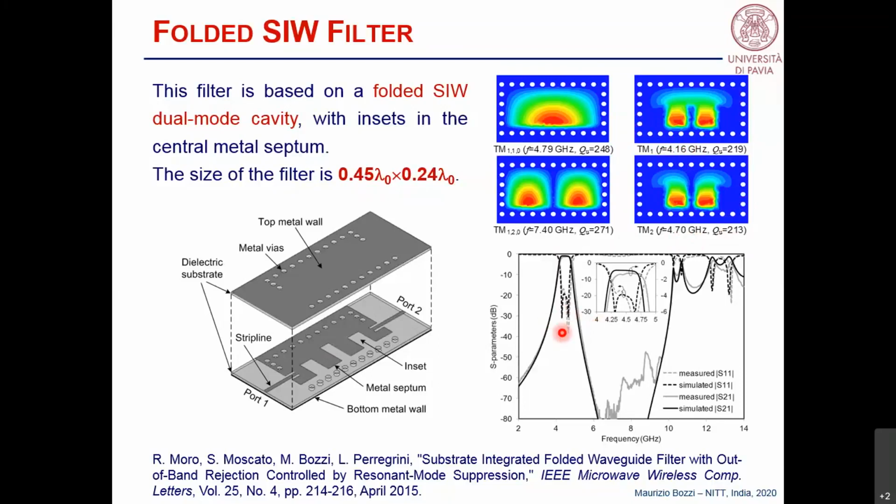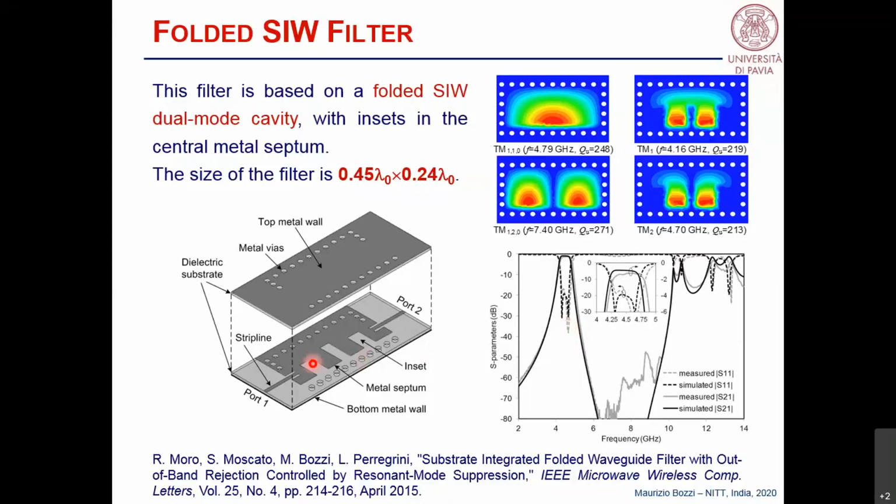And this is what we have done in this case. So by controlling the insets, we control the resonance frequency of these 2 modes, and then we use these modes to define the pass band of the filter. So by a modal analysis of the cavity, we can make a preliminary design of the filter.